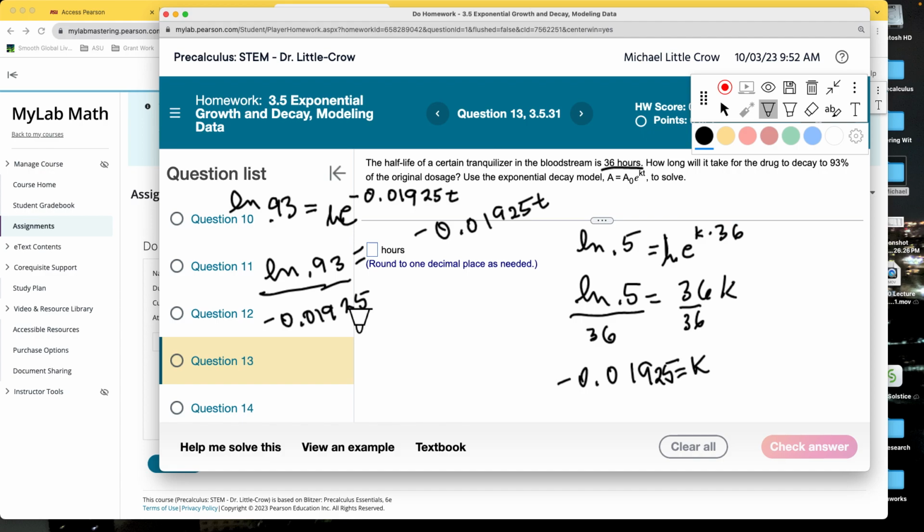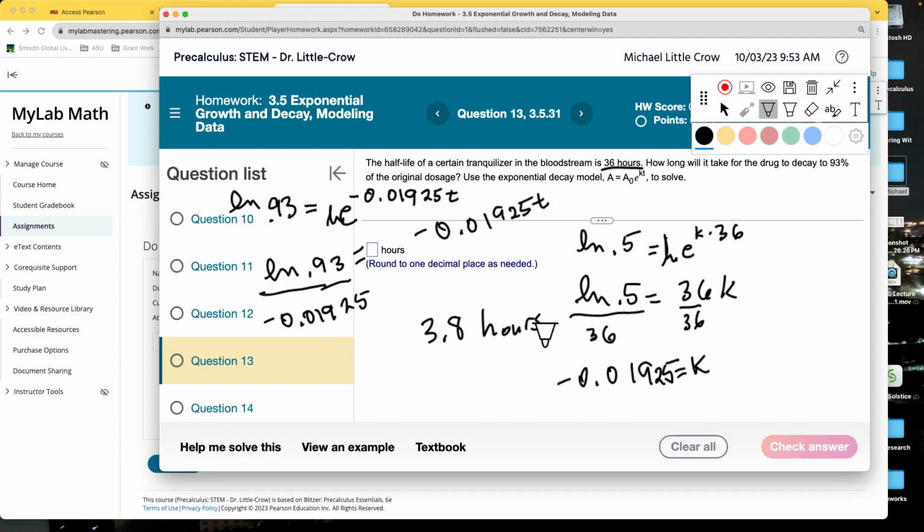Let's see what we get. 3.76 hours. They want it rounded to 1 decimal place, so it should be 3.8. Let me see if I come up with the same thing. Natural log of 0.93 divided by negative 0.01925. Yeah, 3.769. Rounding to 1 decimal place, I would say 3.8 hours.